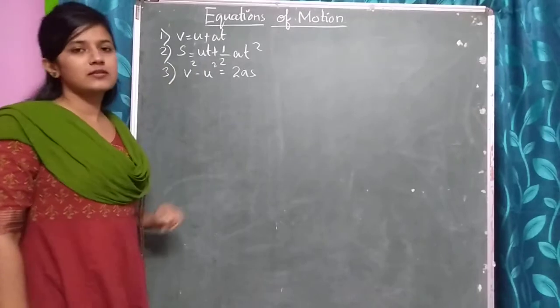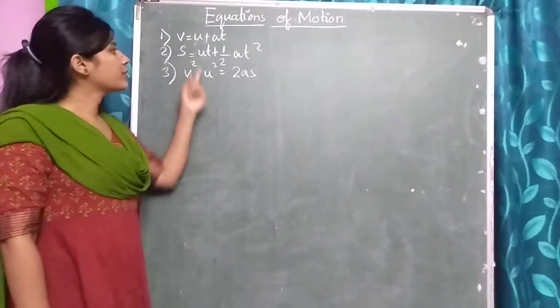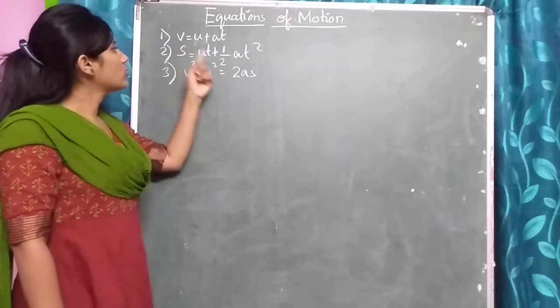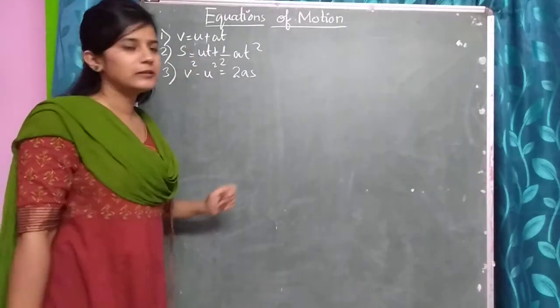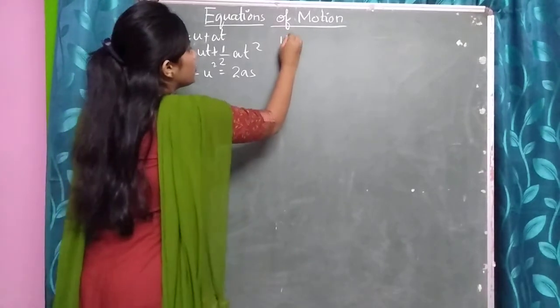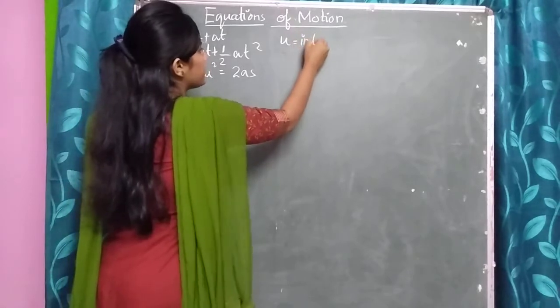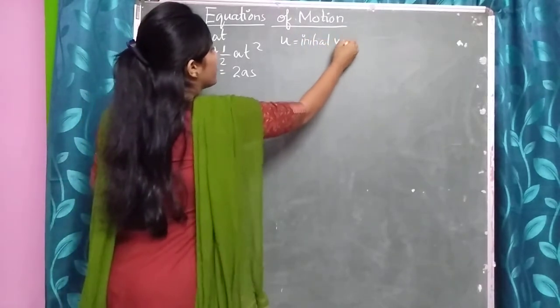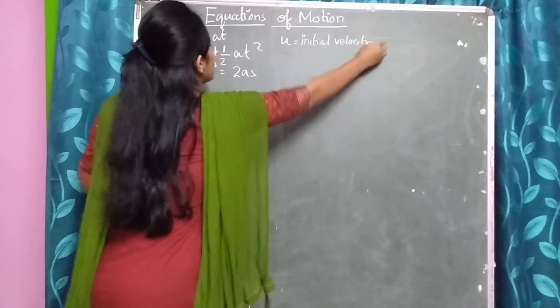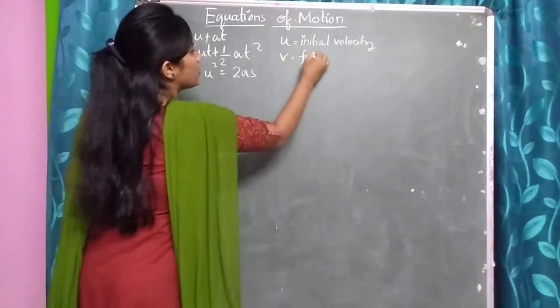And these equations contain V, that is velocity. I will denote all these symbols here. So first I will write U is the initial velocity, and in this equation I have used V. The V is your final velocity.